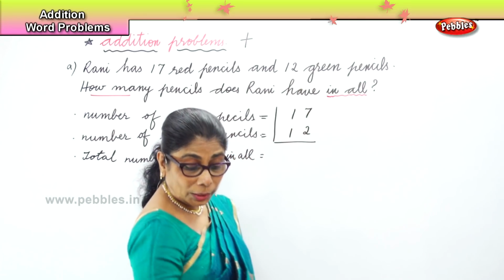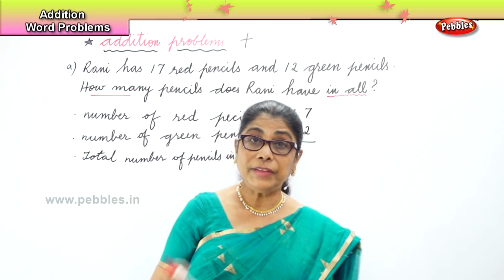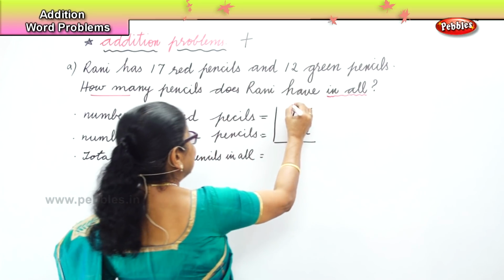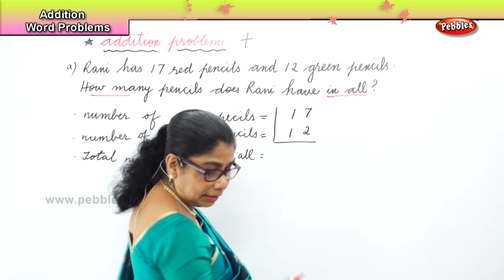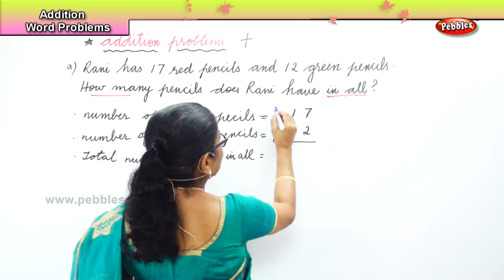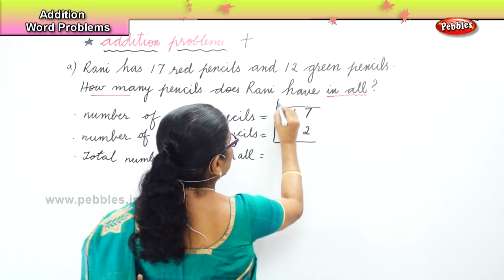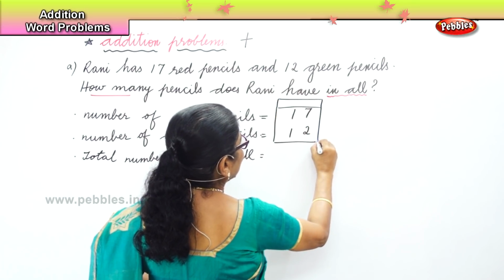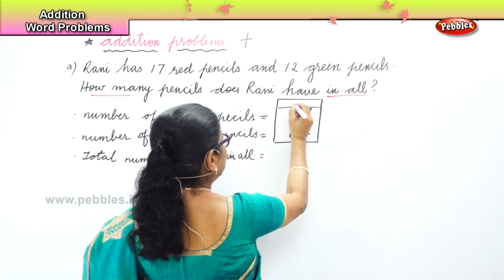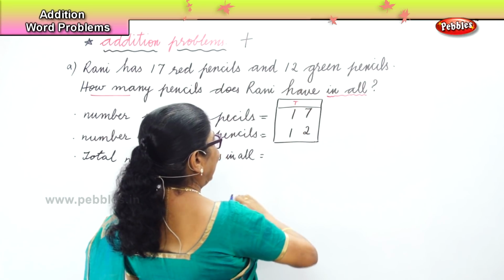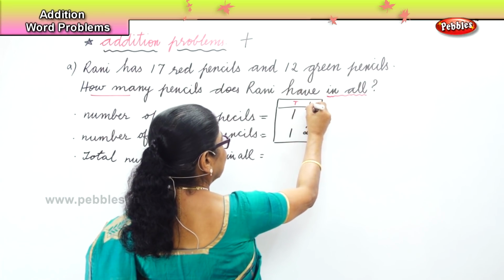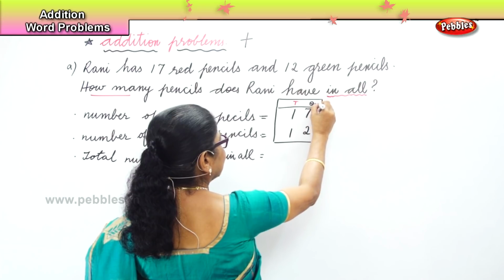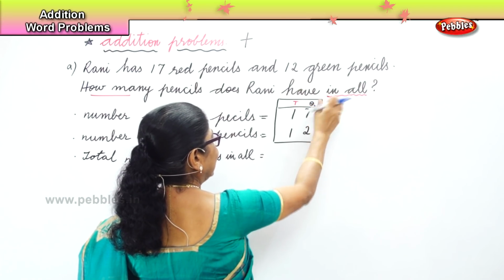Now, in addition, we must write tens. You write in the box tens and ones to help you not to go wrong. T for tens and O for ones.